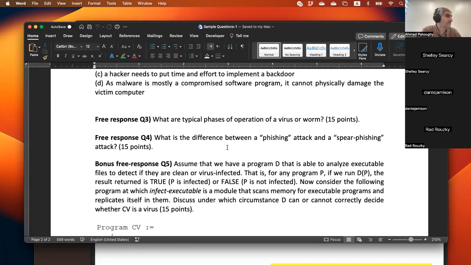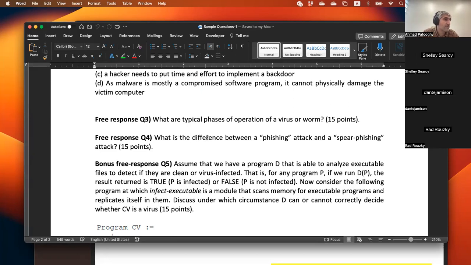Any question about it? Okay, free response 3 says: what are typical phases of operation of a virus or worm? We talked about it, and here I didn't even ask you to explain it, I just asked you to name them. And of course, you know that the phases are the dormant phase, then triggered, and then propagation and execution.